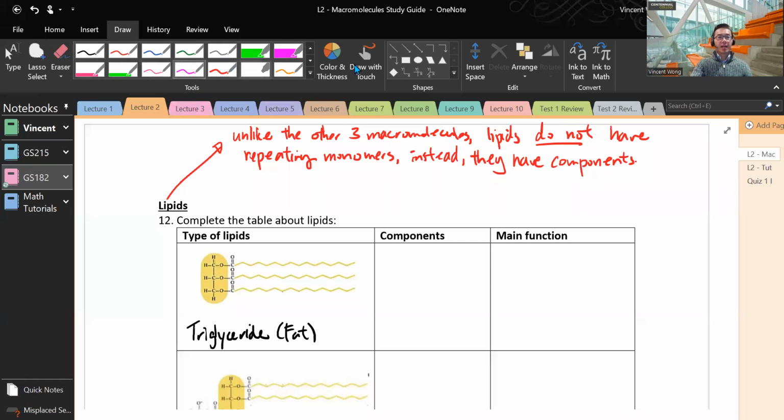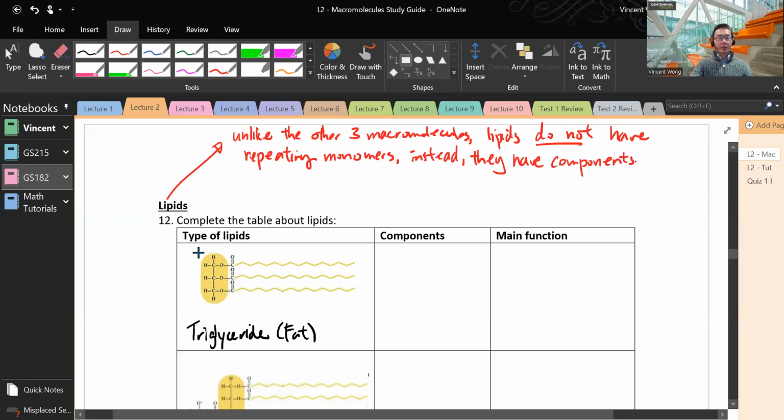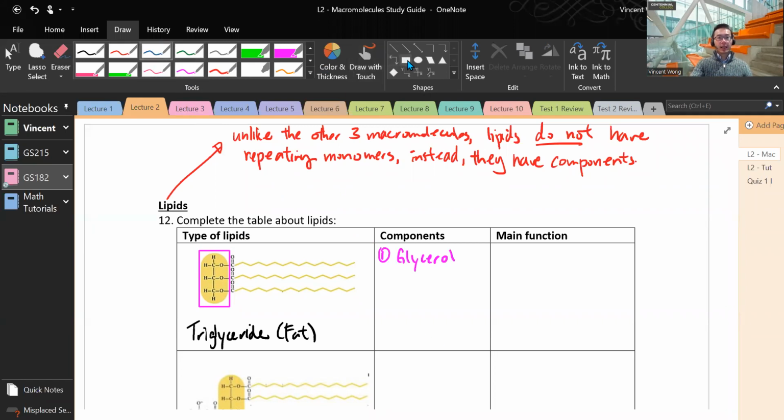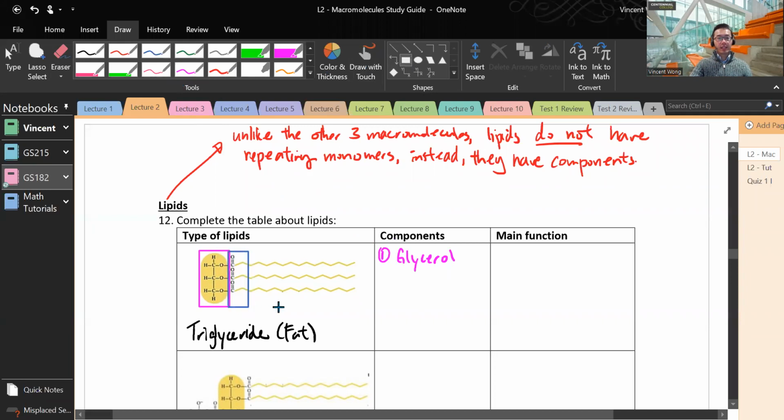So what is a fat molecule made up of? Well, there are two components here. Number one, the glycerol. And we have the three fatty acids here.